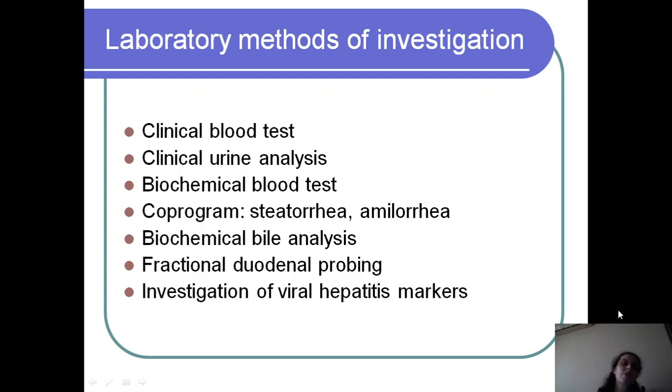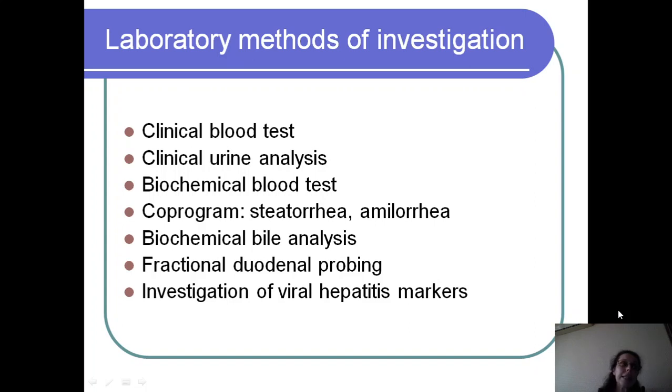Also, apart from them, there may be increasing of aldolase and lactate dehydrogenase. And other substances which normally live inside the liver, for example ferritin, B12, iron by itself, will also be increased due to the destruction of cells.